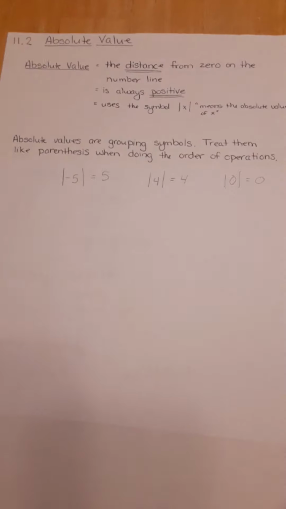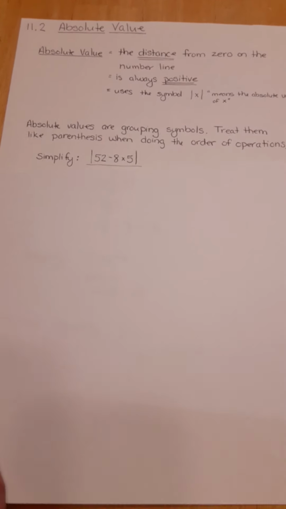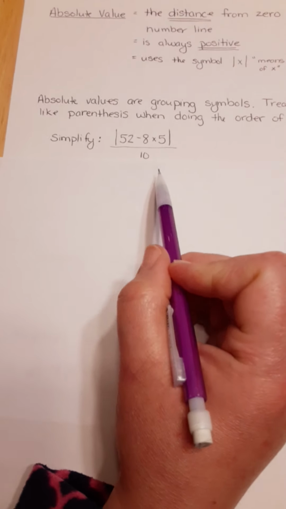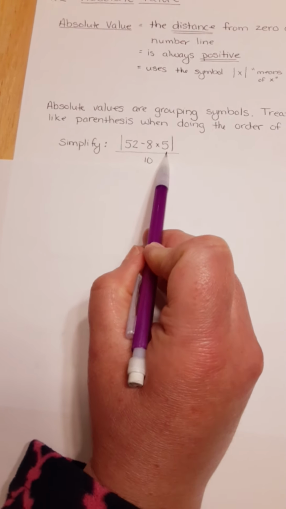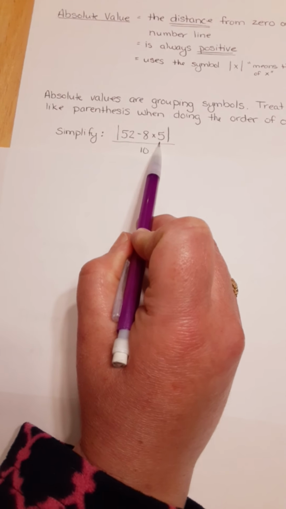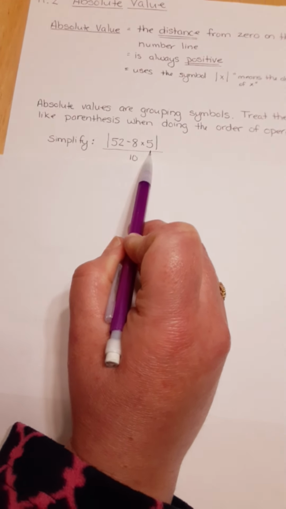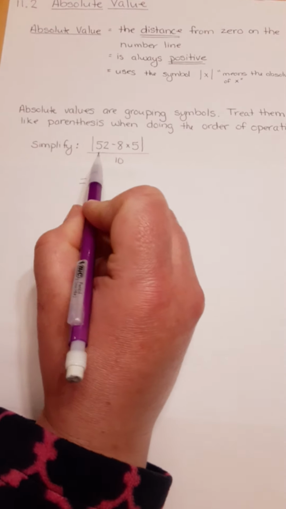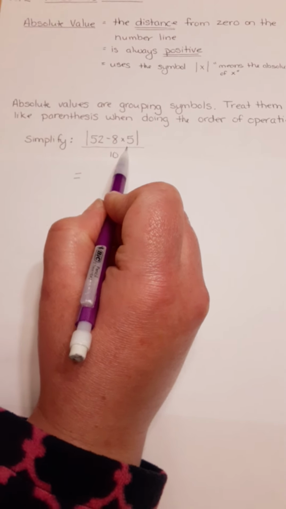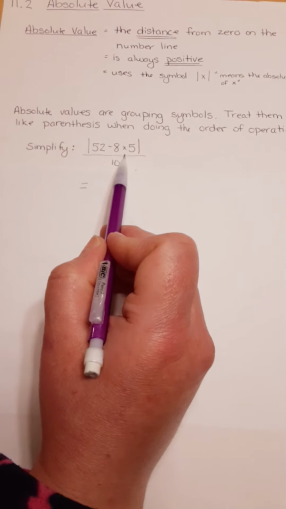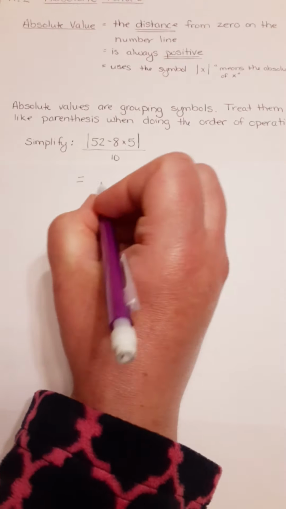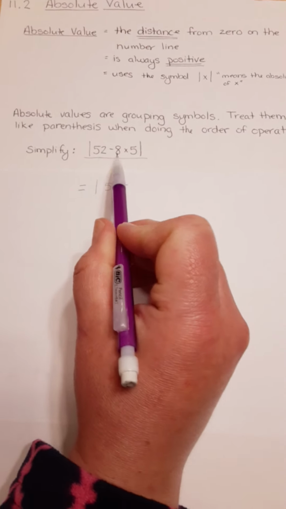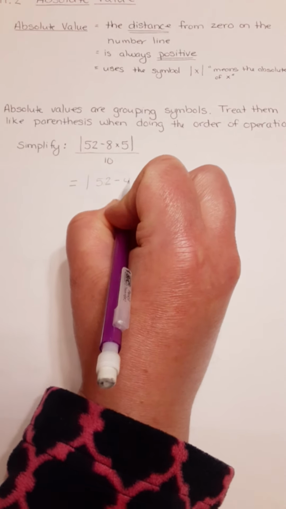Okay, now we're going to make it a little bit harder here, and let's look at our problem. Remember we said anything that's inside the absolute value we have to do first because we're going to treat that like a parentheses. So let's go ahead and do our math here. Order of operations says I have to do what first? In this case, I have to do my multiplication first. So I've got 52 minus, what is 8 times 5? 8 times 5 is 40.